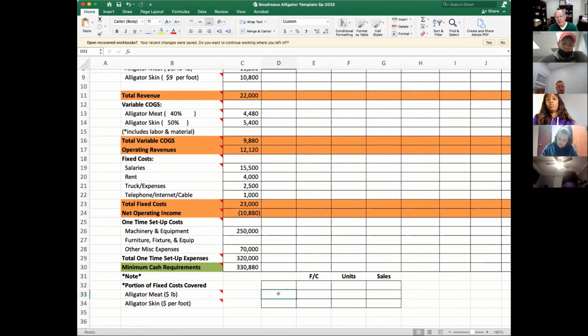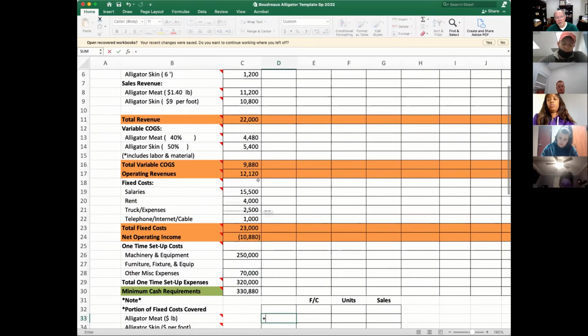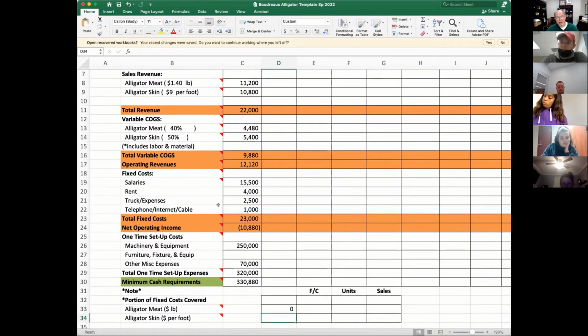To find out the percentage, we would go back to sales revenue, and we say alligator meat is 4,480 divided by total sales, plus alligator skins divided by total revenue.